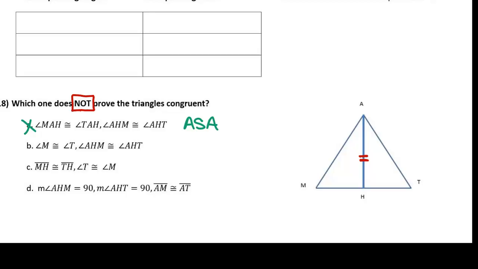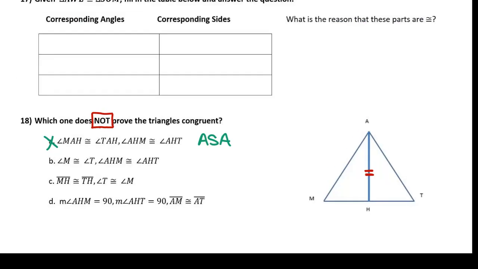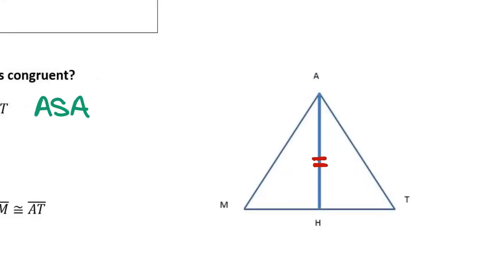And I'm going to go look at B now, and I'm going to mark things up according to B. It says angle M is congruent to angle T. Angle AHM, that was this one that we marked a moment ago, is congruent to AHT, this one here.